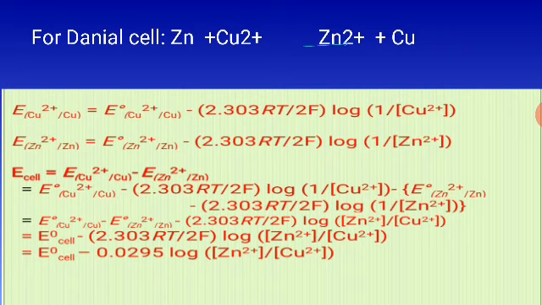E naught is cathode minus anode, so it will be the cathode reaction minus the anode reaction, and at last we get E cell is equal to E naught cell minus 0.0295 log concentration of Zn2 positive ion upon concentration of Cu2 positive ion. In short, E cell is equal to E naught cell minus 0.0591 upon n log the concentration of anode upon the concentration of cathode. So this is the Daniell cell or the Nernst cell equation.